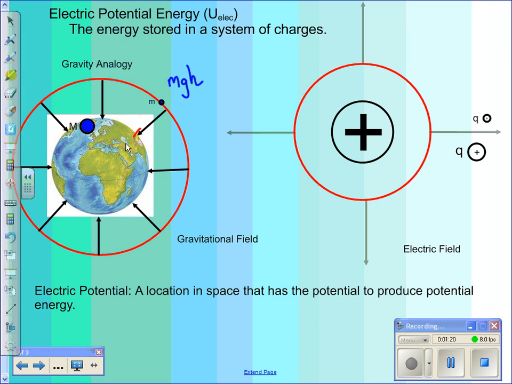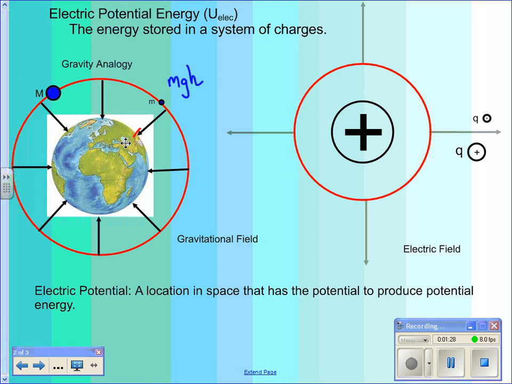Similarly, if I take the large mass and do the same thing, lift it to the same height above the Earth, it took more work. It was more massive, so I had to exert greater force, but it was the same distance. I would store energy, and I would call that big M, g, h, for potential energy.